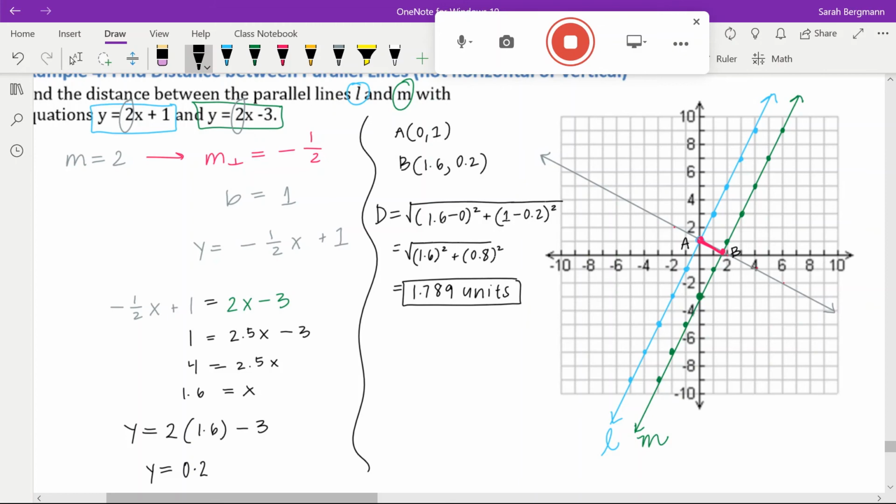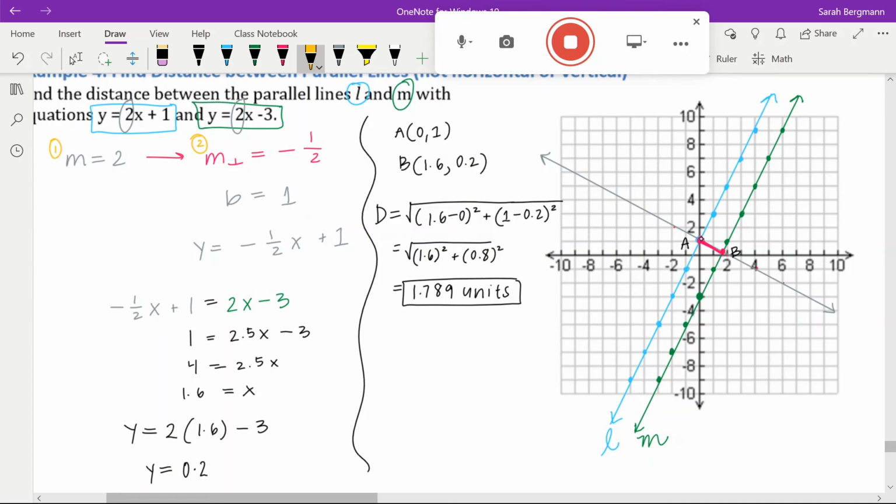Now just to review, first plot the lines. Find the slope of the 2 parallel lines. Next, find the perpendicular slope. Check on the line if it intersects the other line in a perfect point.